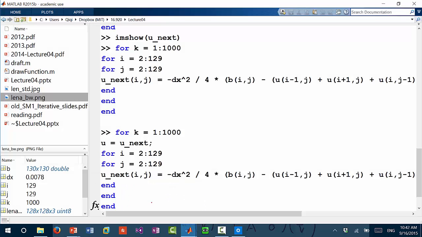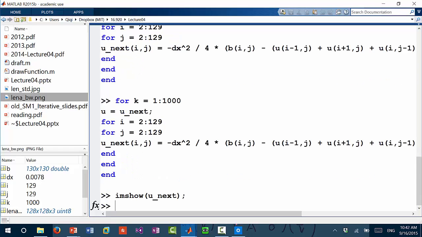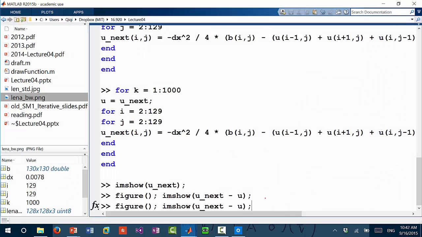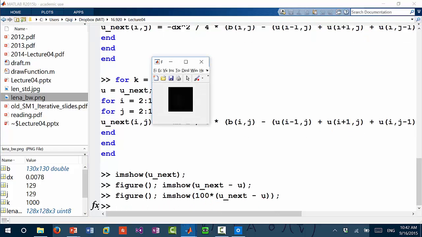So if you look at, let me see, figure, I am show you next minus u. Well, it's pretty small. It's dark, but if I multiply by something 100 times, still dark, which may mean it's in the other direction.